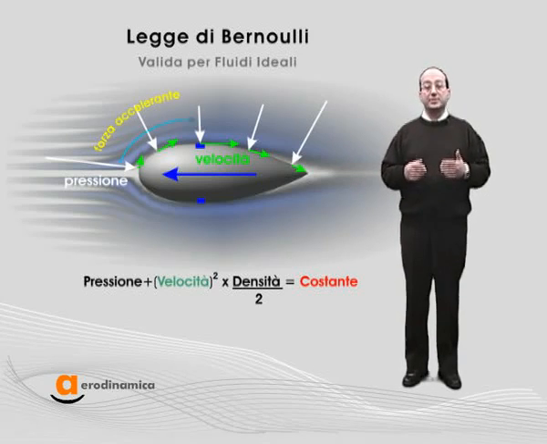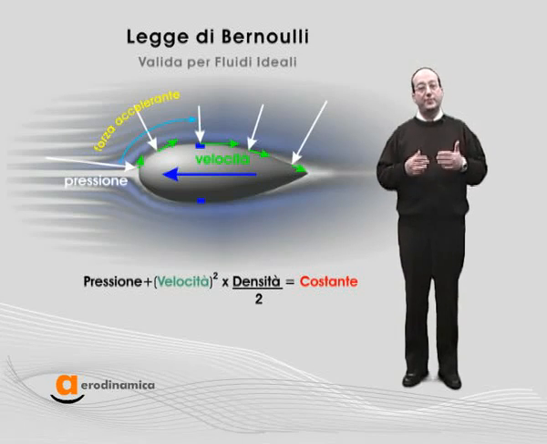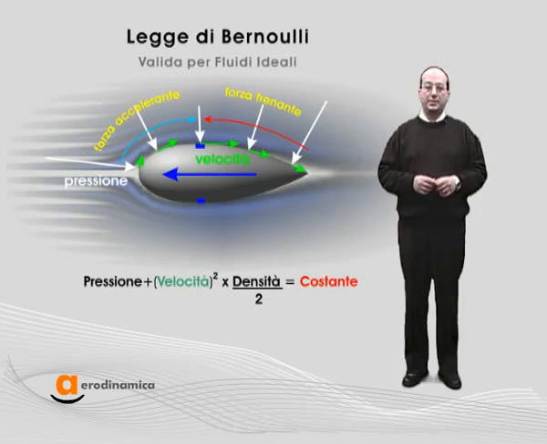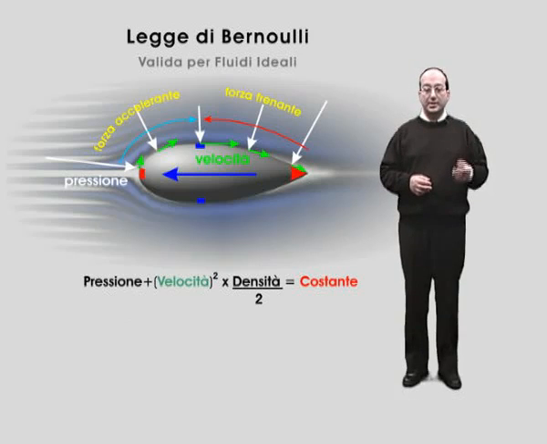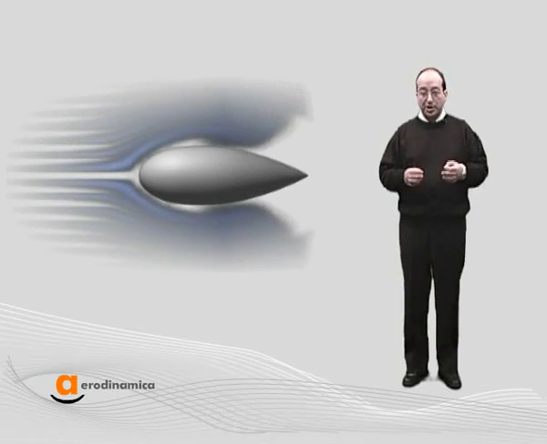Therefore, a decreasing pressure creates an accelerating force on the fluid particle. On the other hand, an increasing pressure creates a braking force on the fluid particle. For an ideal fluid, there will be two stop points, at the leading and at the trailing edge of the aerodynamic body. For an ideal fluid, this phenomenon produces no drag.